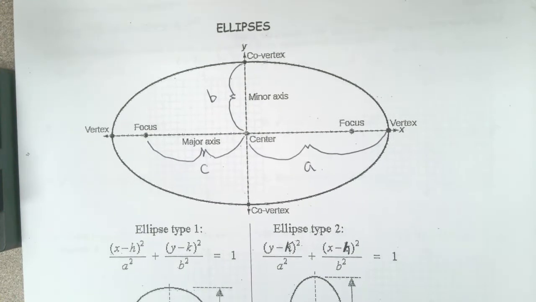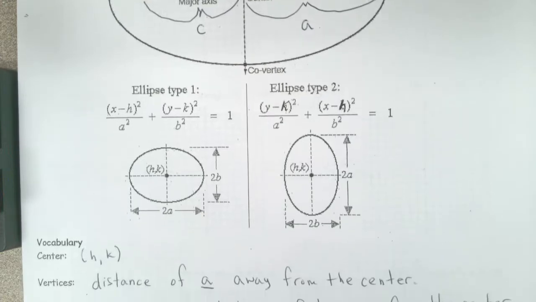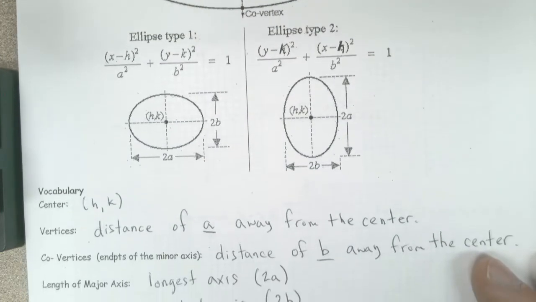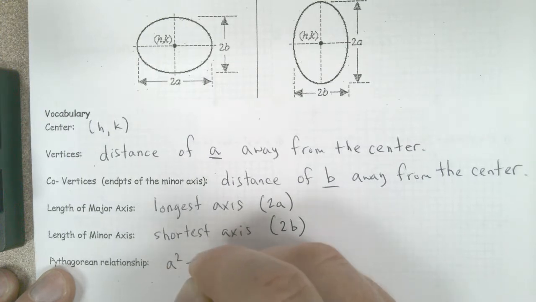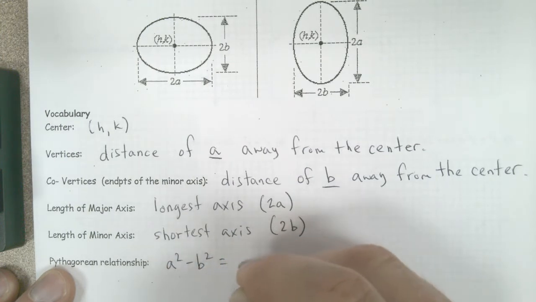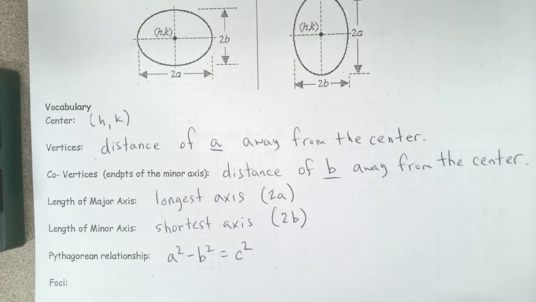When we are finding that distance to the focus or to the foci, there's a Pythagorean relationship, and that relationship is A squared minus B squared equals C squared. So the length of A squared minus the length of B squared is equal to the length of c squared.